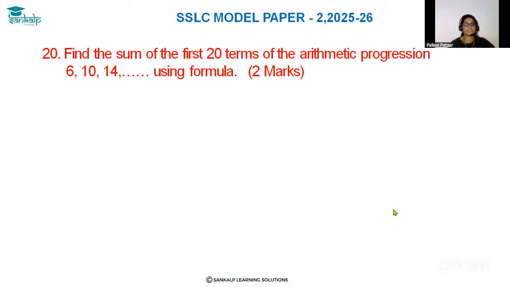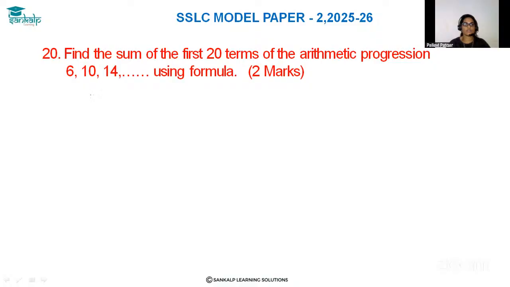Hello everyone. Look at the question number 20. Find the sum of the first 20 terms of the arithmetic progression 6, 10, 14, and so on using formula. So here we identify the given values. The arithmetic progression is given by 6, 10, 14, and so on.